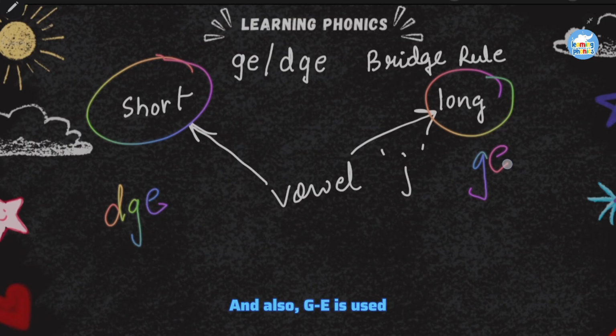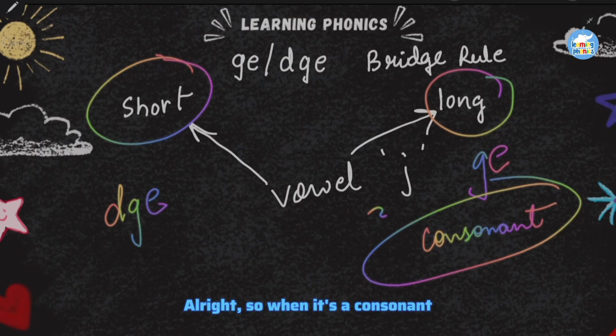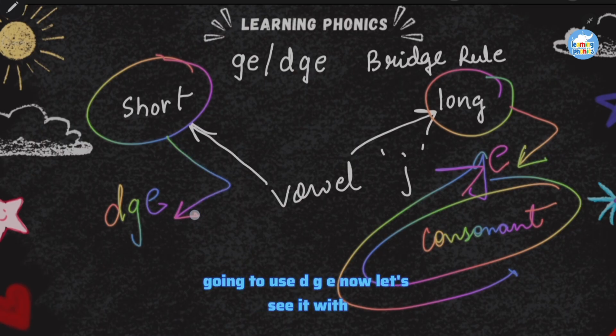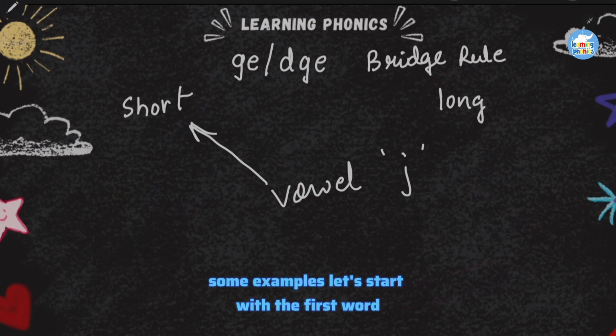GE is also used when it's a consonant. So when it's a consonant, use GE, and with a long vowel sound, use GE. But when it's a short vowel sound, you are going to use DGE. Now let's see it with some examples.